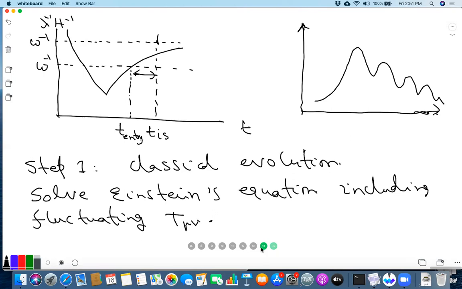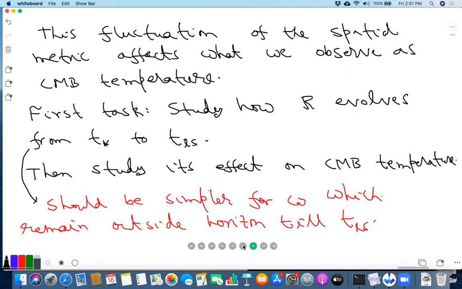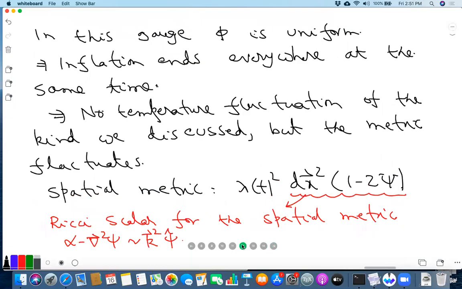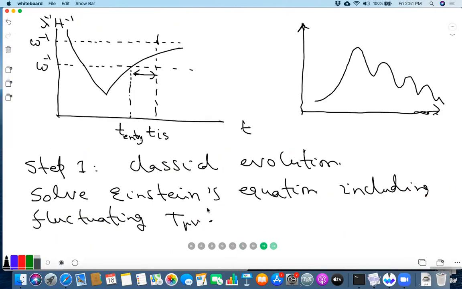That will involve the metric degrees of freedom, and then the fluctuation in the scalars on the other side, which we will formulate as T mu nu fluctuation, not scalar, because eventually the scalar disappears and it transfers its energy to T mu nu.